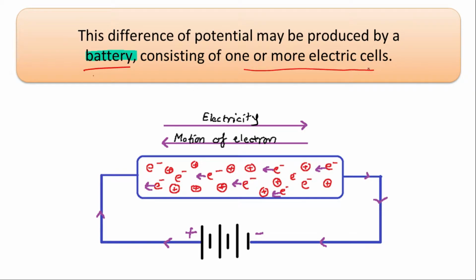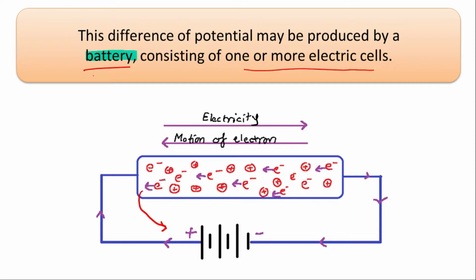Now let us understand how this pressure is created. As we connect the battery, note that a battery has two terminals, one positive and another negative, and the positive terminal attracts the negatively charged electrons towards itself.